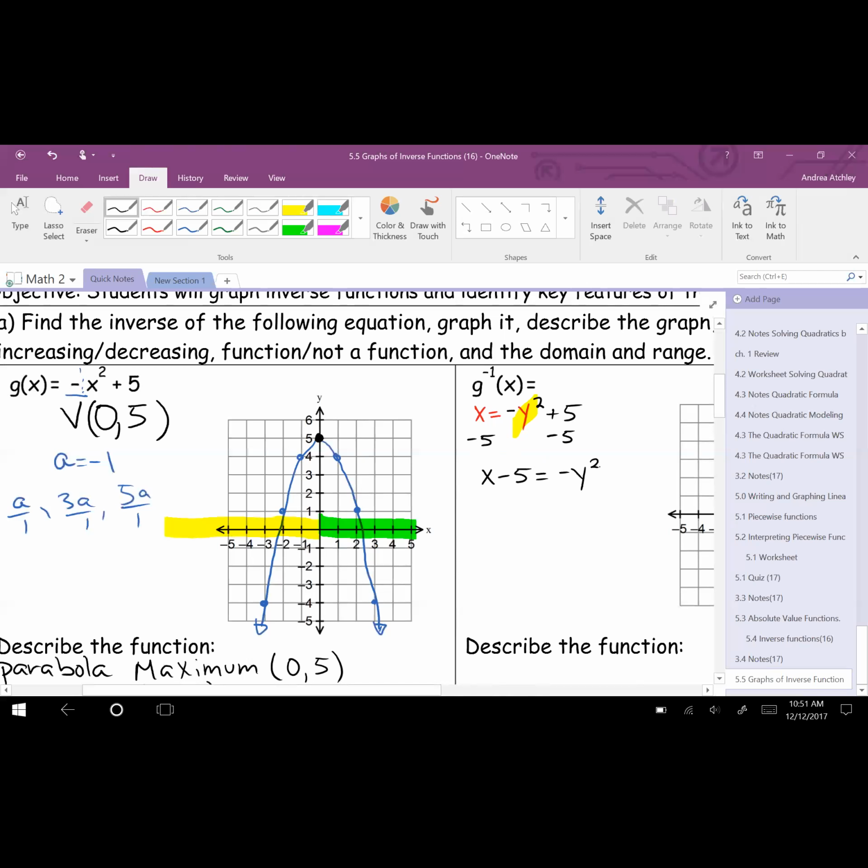Now I want to get rid of the negative. So I'm going to divide by -1. That means x divided by -1 is -x, and -5 divided by -1 is a +5 equals y squared.